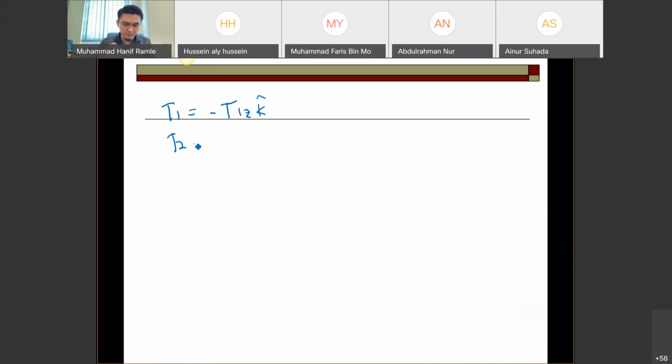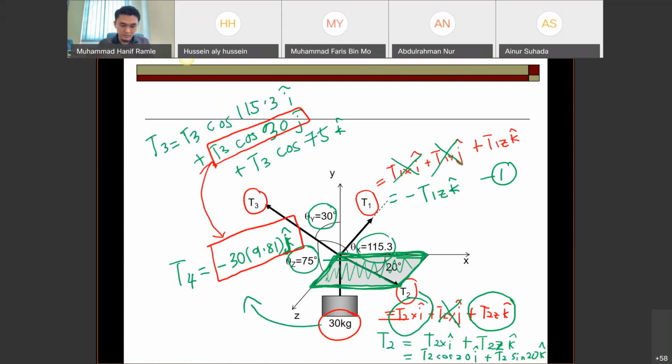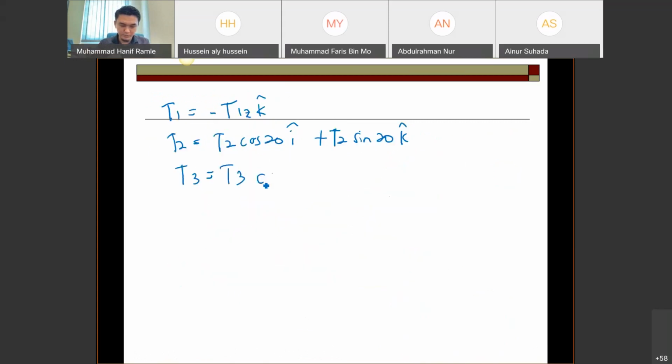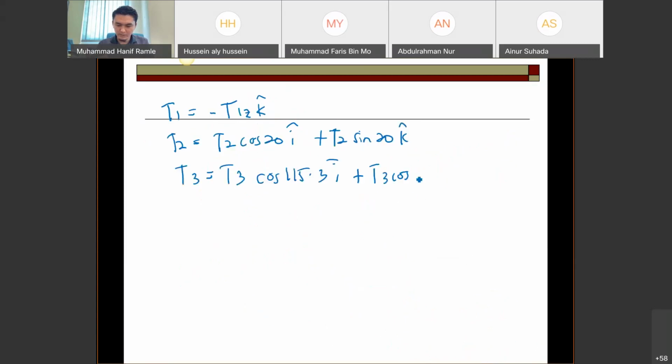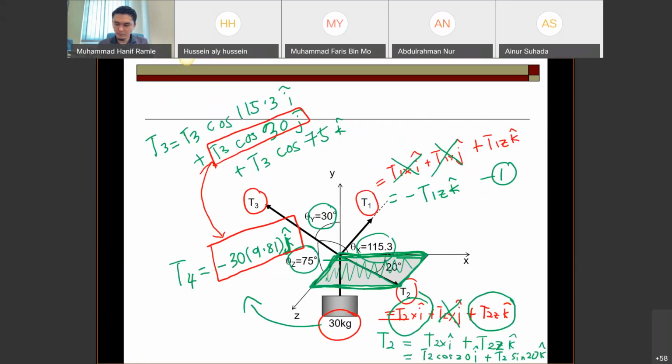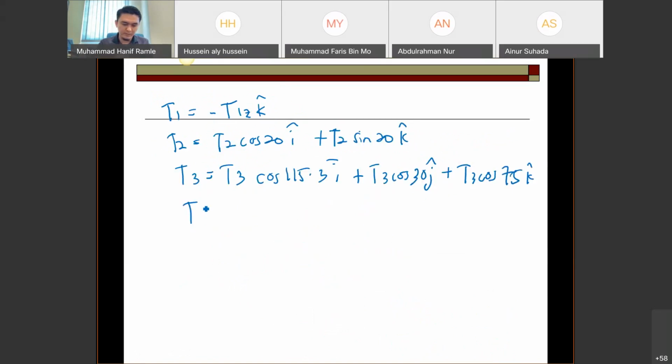T2 equal to T2 cos 20 I plus T2 sine 20 K. T3 equal to T3 cos 115.3 I plus T3 cos 30 J plus T3 cos 75 K. And the last one is T4.